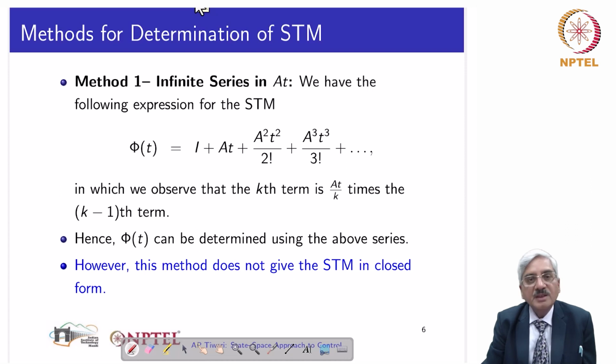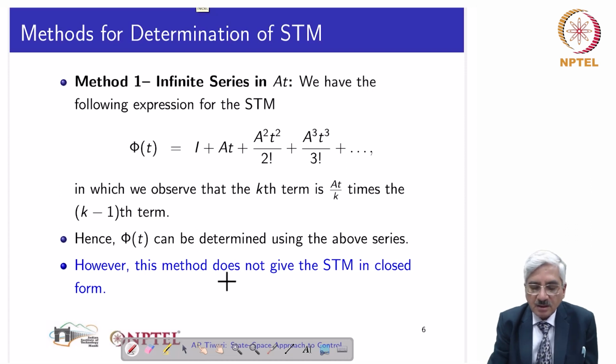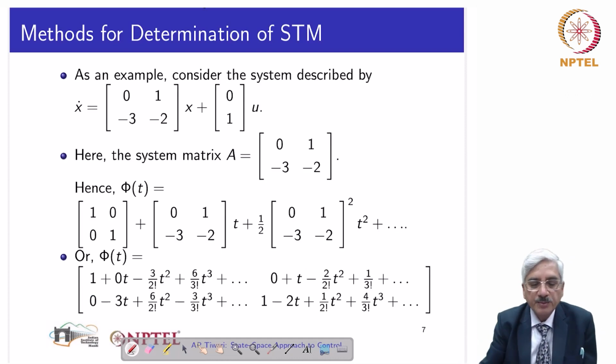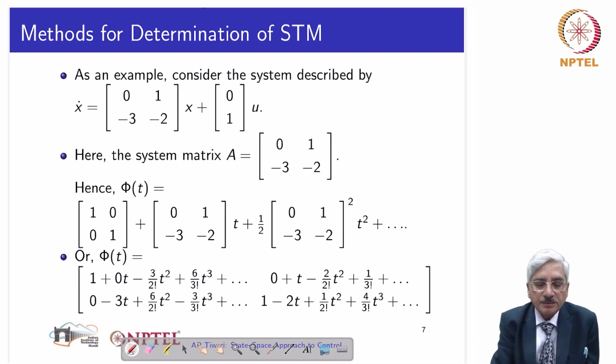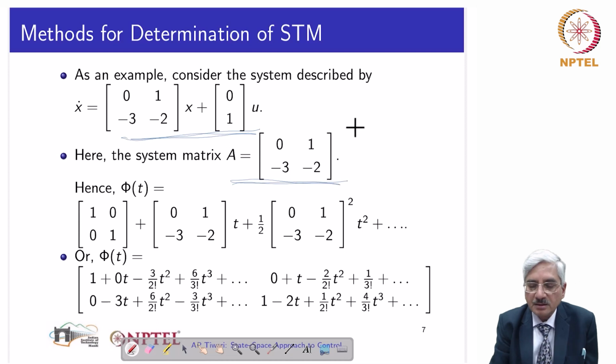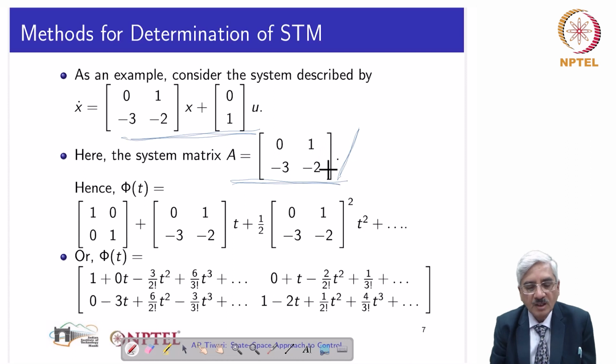However, this method, as we will see, does not give the state transition matrix in closed form. We come to the example. We take this system in which the system matrix A is this. It is available in the companion form here, 0, 1, minus 3, minus 2.